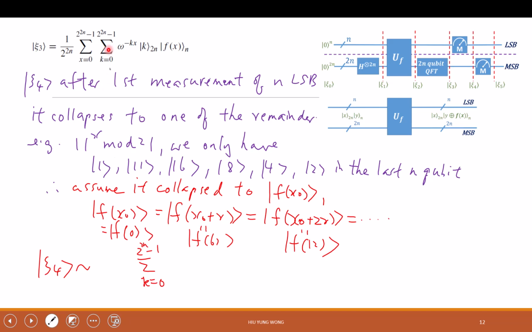Right? This one refers to this term. This term is still there. But now you don't have f of x. You only have what? What are the x that exist? You only have x equal to x0, x equal to x0 plus r, x equal to x0 plus 2r. You only have these terms left. And this is omega negative kx, k, 2n, and here is f of x0.